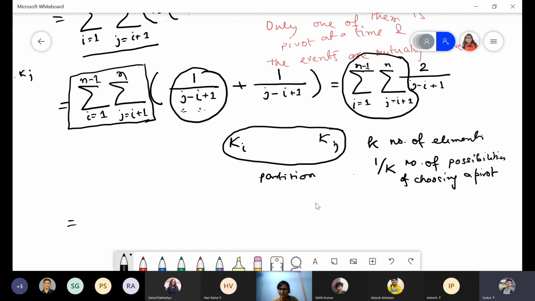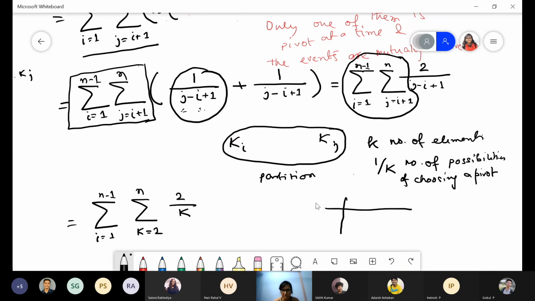So if you are happy with it, we can simplify it a little bit in terms of k. In that case, what we can get: i equals 1 to n minus 1, and k equals 2 to n. How can we change that value? Anyone can help me? Instead of j, now we are going to use k. j was i plus 1 to n.